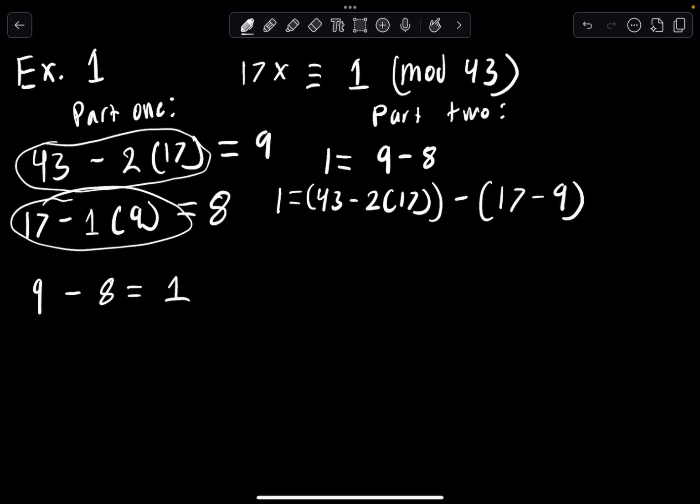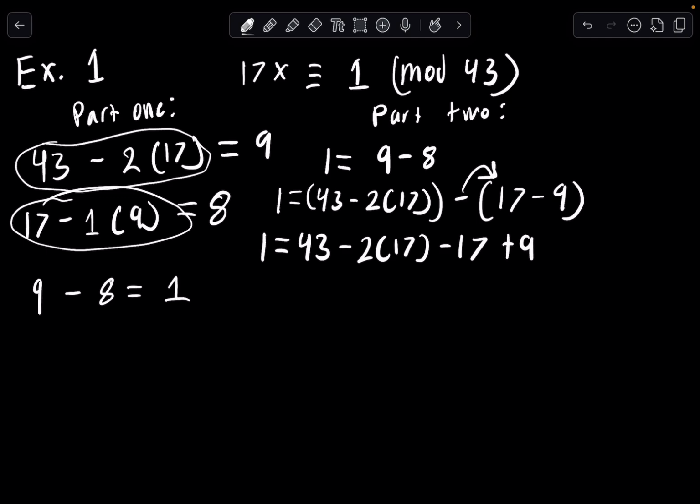Now what we can do is simplify this equation. So we'll have 1 equals 43 minus 2 times 17 minus 17 plus 9, because we're factoring this out here. Now, what helps simplify this more is that we can combine like terms.